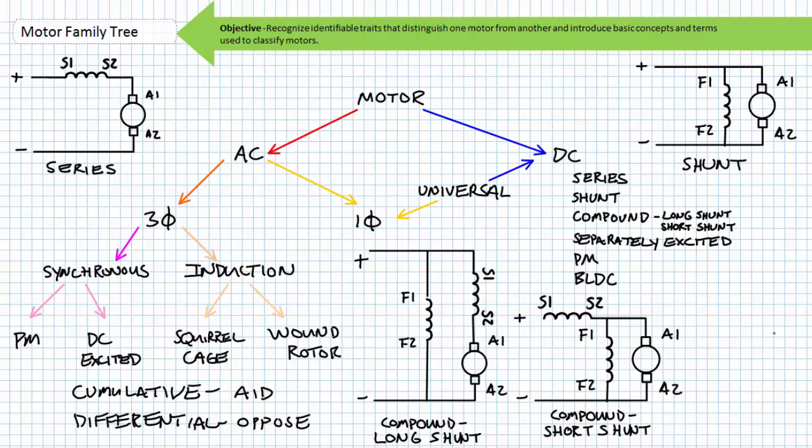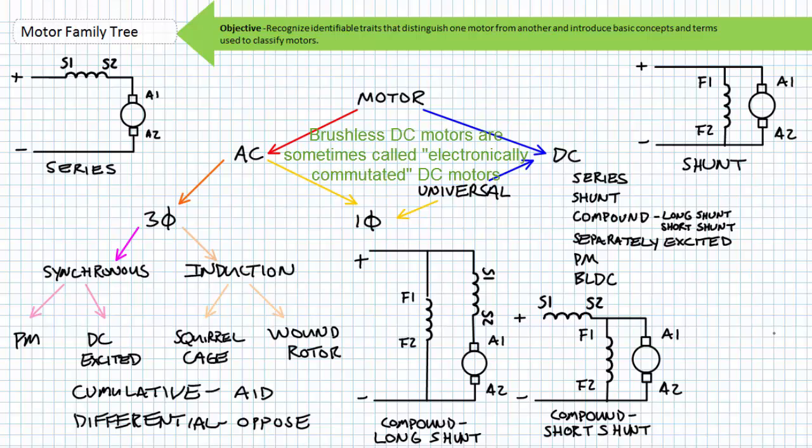One could also replace the field winding with a permanent magnet for a permanent magnet DC motor, or even replace the armature winding with a permanent magnet and power the field with DC that is then inverted with integrated power electronics, so it almost acts like a permanent magnet synchronous motor.